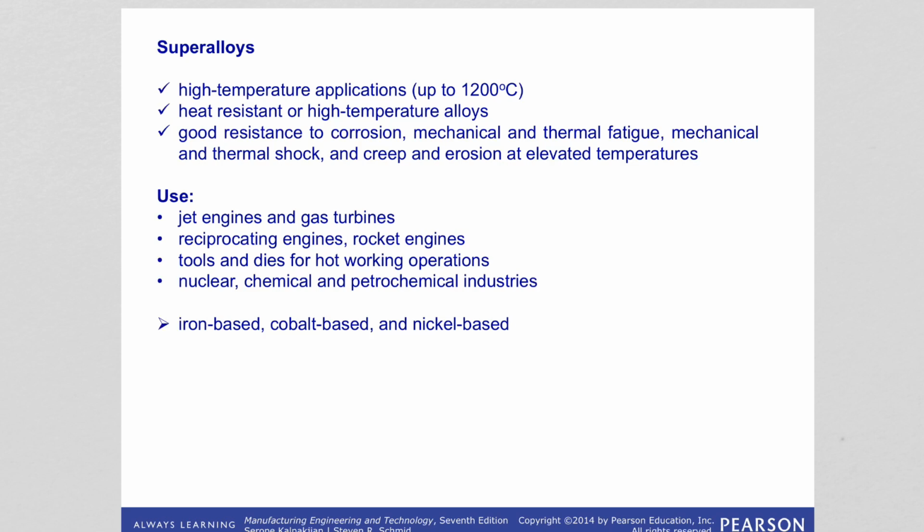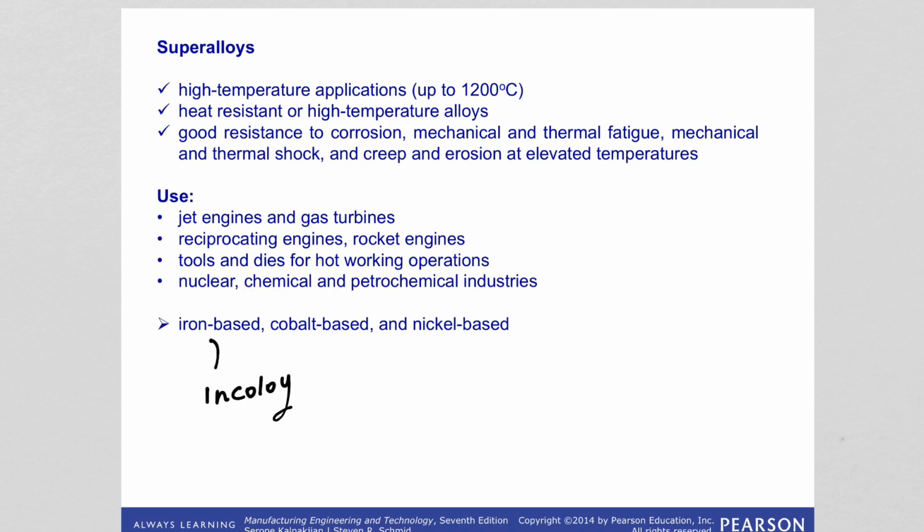So there are iron-based superalloys, mainly iron, and the iron-based ones are called the Incoloy series, made of iron, up to 67% iron. And there are cobalt-based superalloys.